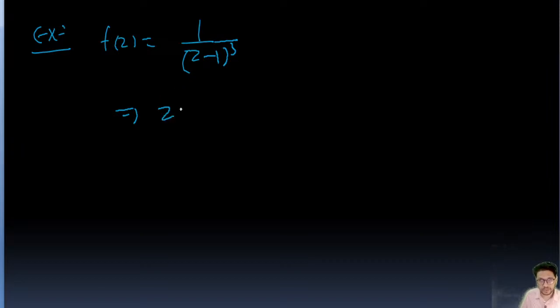The example is f(z) equal to 1 upon (z minus 1) whole cube. Very important question. We need to find the order of the pole. This implies z minus 1 equal to 0, so z equal to 1.